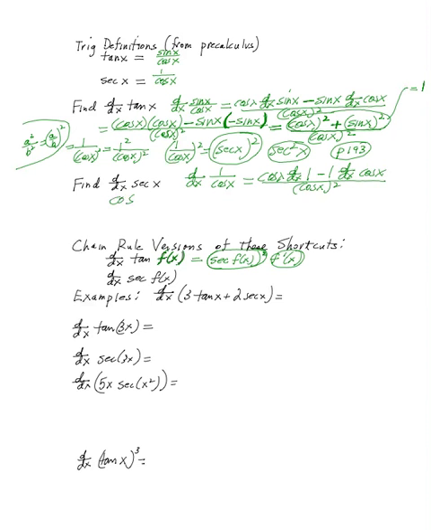So we have cosine x times 0. The derivative of 1 is 0. Minus 1 times derivative of cosine x is negative sine x.